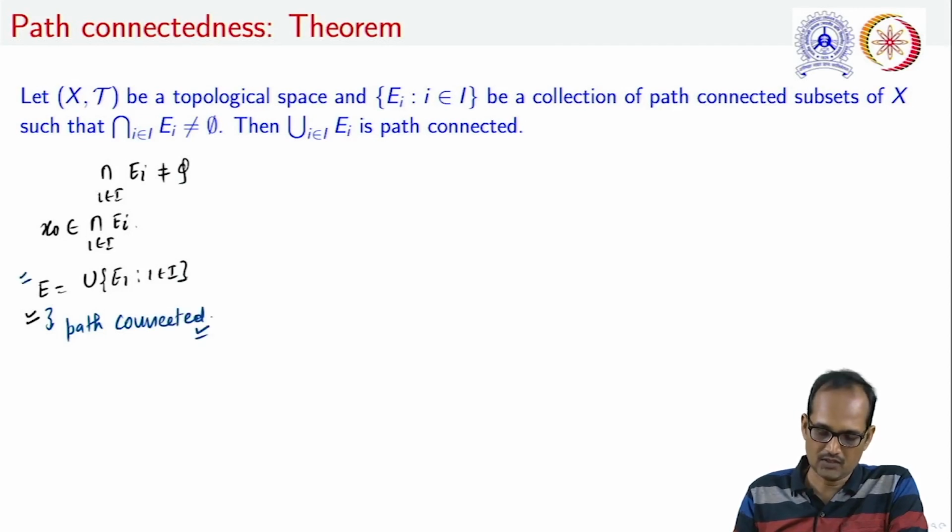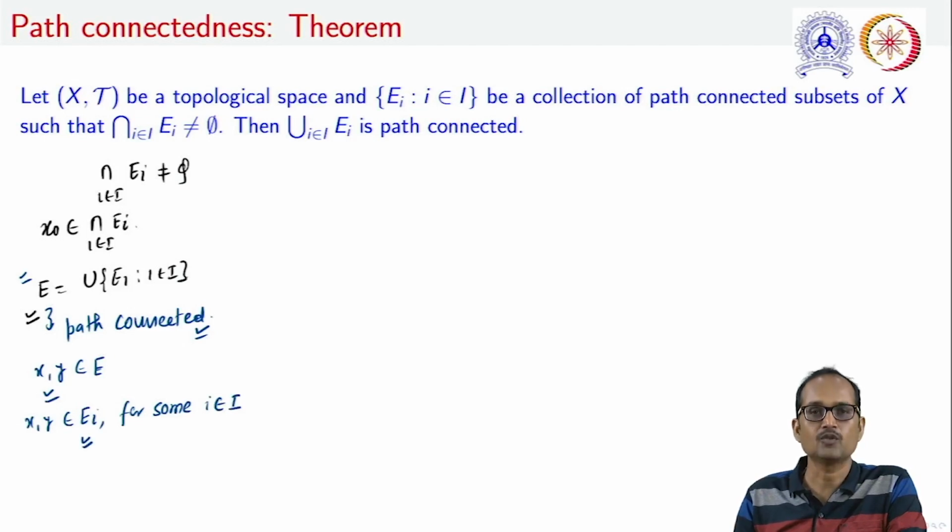so let us take two elements in this set, that is x and y belong to E. If x and y are elements of E, one of the possibilities is that x and y belong to E_i for some i in I. If they are lying in the same subset, which is E_i, and E_i is path connected, we can always find a path from x to y.